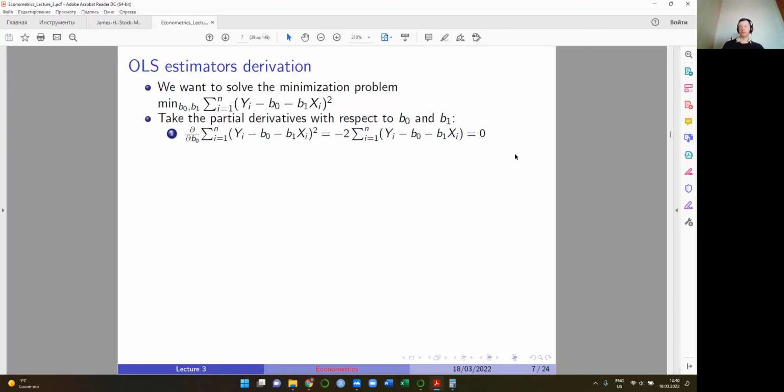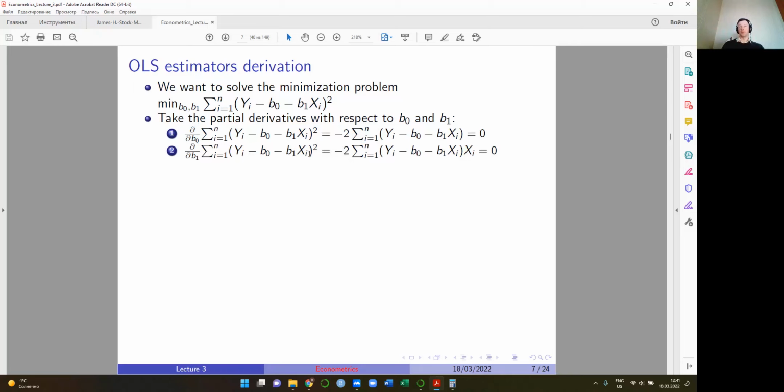Very simple. When we take the partial derivative with respect to b1 of this expression, we get minus 2 again in front of the summation sign, because we can factor out this minus 2 as the common term for all the terms inside the sum.